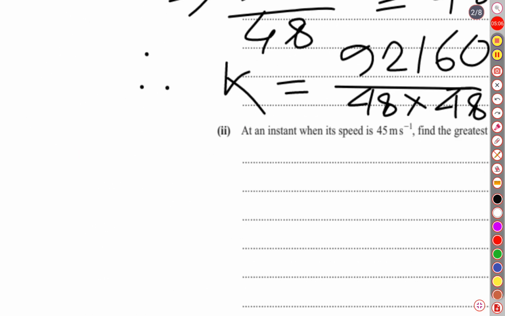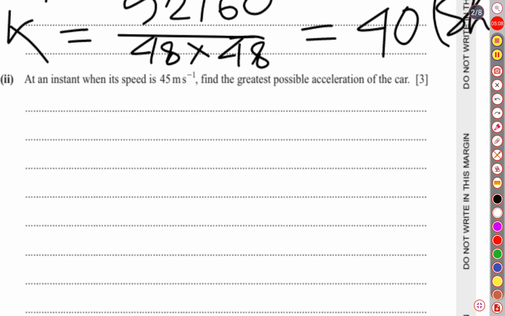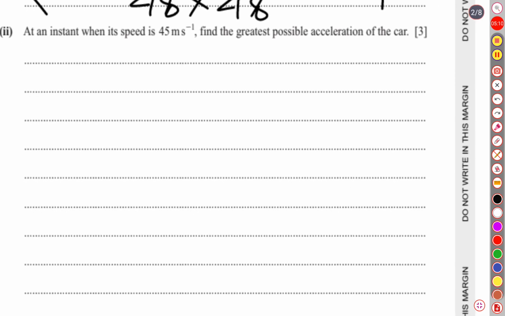The next question says, at an instant when its speed is 45 meter per second, find the greatest possible acceleration of the car. Same concept of the motion law of Newton we are going to apply, and it is still moving on a horizontal road. So driving force minus resistance force is equal to mass into acceleration.